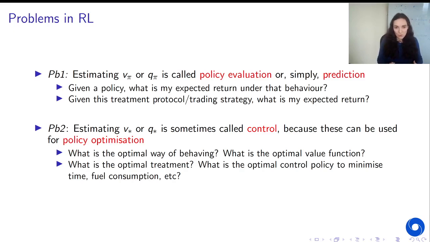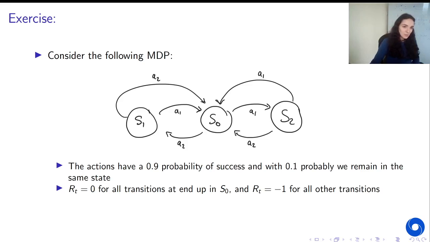So things like, what is the optimal treatment protocol, what is the optimal control policy to minimize time on the road or fuel consumption, whatever the reward is. So one is about, given a behavior, estimating how good that behavior is on average. The other is a much harder problem, where we're trying to go for the optimal value functions and the optimal behavior. Okay. So we're going to look here at a very small example.